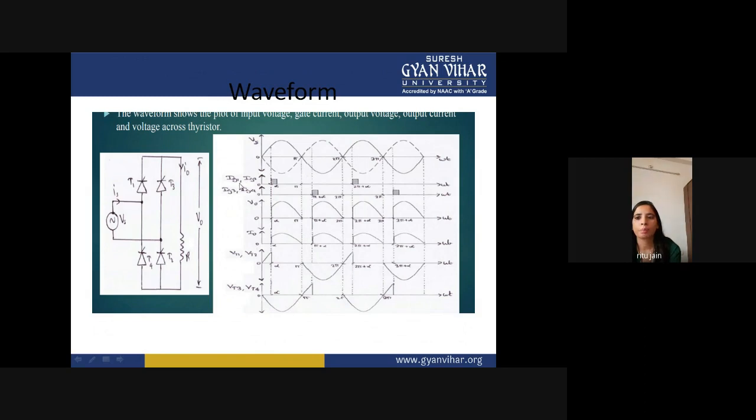IG1 is the gate pulse for SCR T1, IG2 for T2, IG3 for T3, and IG4 for T4. At a time two thyristors will conduct, either T1, T2 or T3, T4.